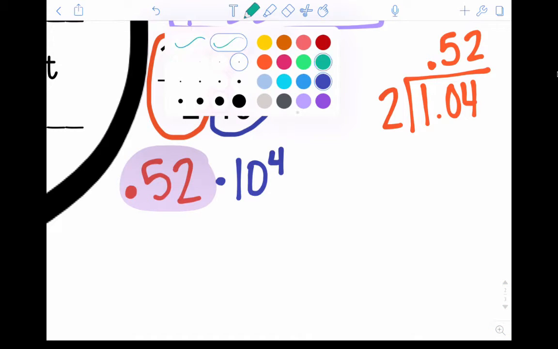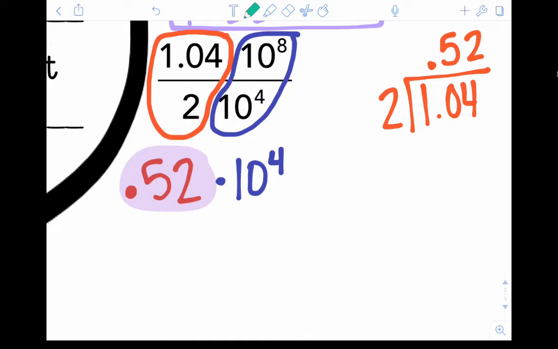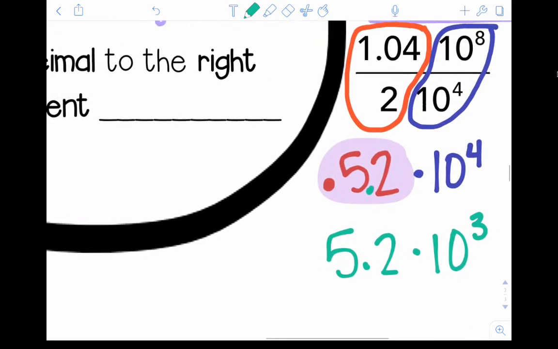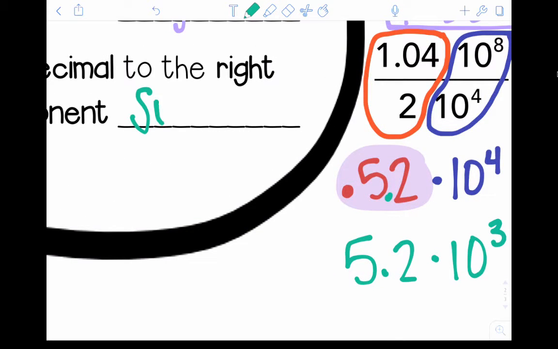So in order to write it in correct scientific notation, I need my decimal to be between the 5 and the 2. When I move my decimal over, I need to change my exponent. When we moved our decimal to the left, we added, which means when we move the decimal to the right, we subtract.